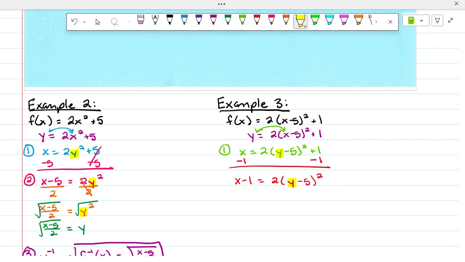Still solving for y. What am I doing next? Someone who's not talked yet today. Guys, heads up, please. So, I want to get these parentheses by themselves. So I got to take care of the what first.